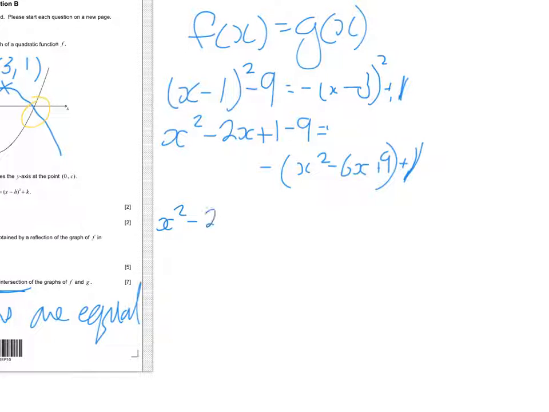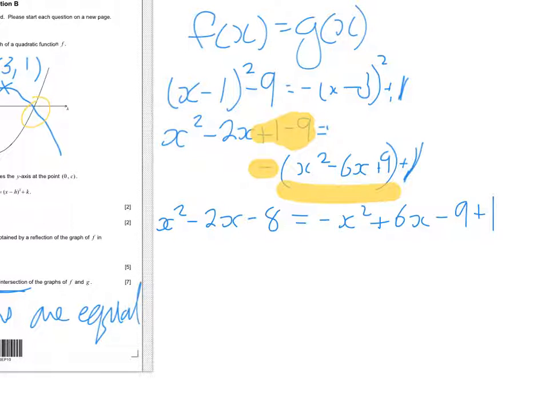X squared minus 2x, I can collect together plus 1 and minus 9 to make minus 8, is equal to taking this minus sign through the brackets to give me minus x squared plus 6x minus 9 plus 1.